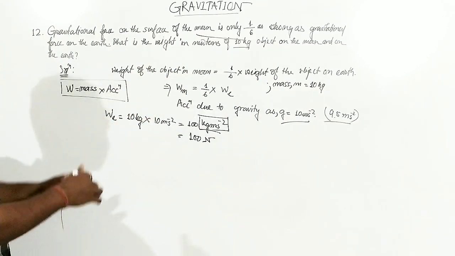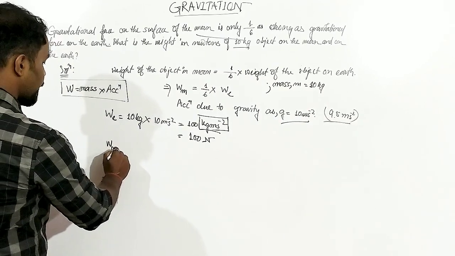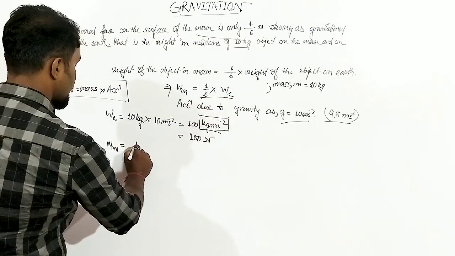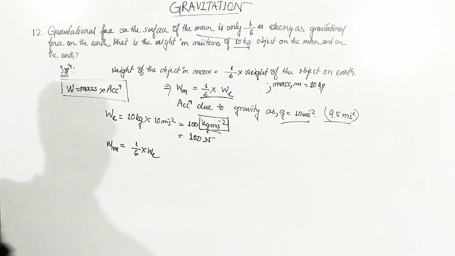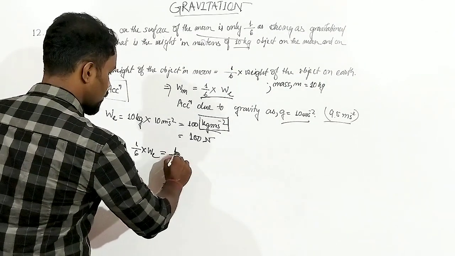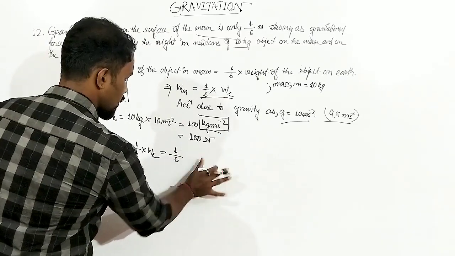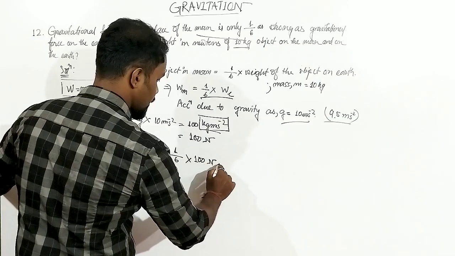Now we have to find the weight of the object on the moon. That is denoted by Wm, and we got the relation that Wm equals 1/6 times the weight of the object on earth. Simple concept. So 1/6 into 100 Newton.